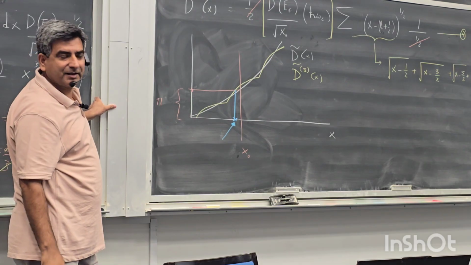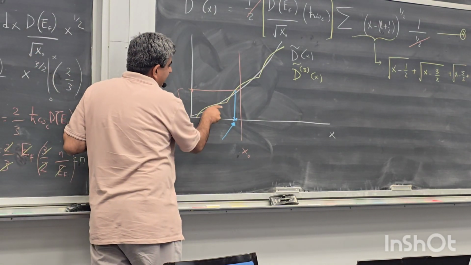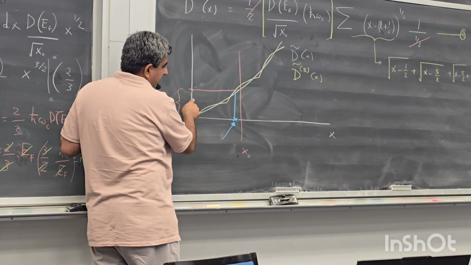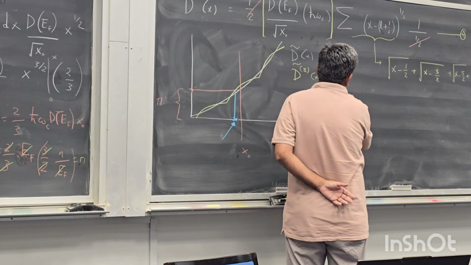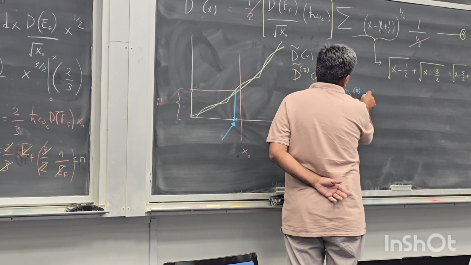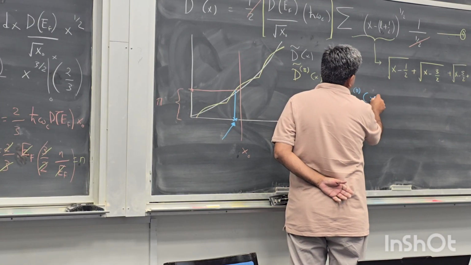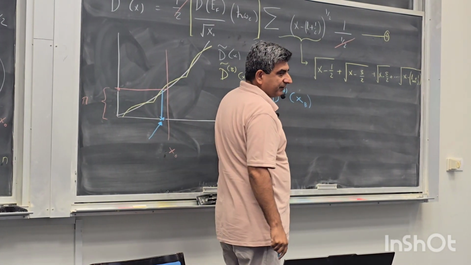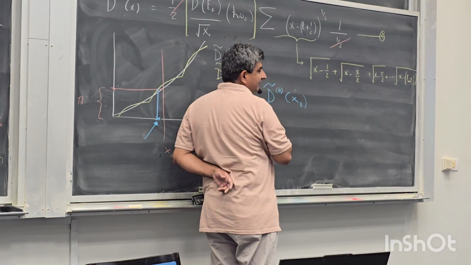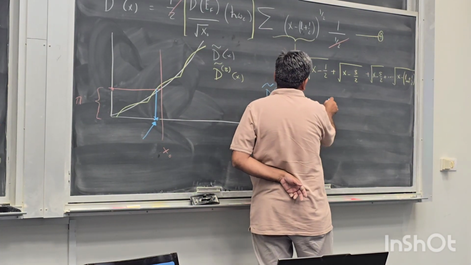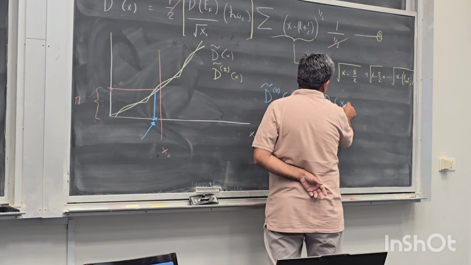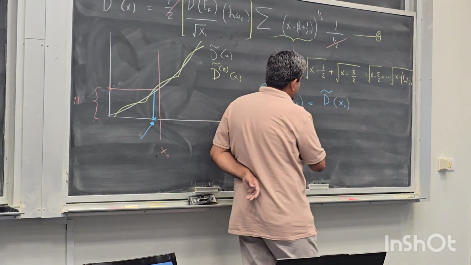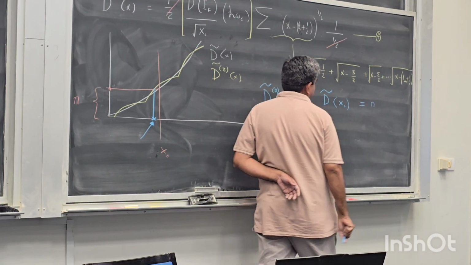Correct? Because for the yellow curve, the integrated density of states, we want to keep that the same, which means that at some new Fermi energy in the presence of a magnetic field, x_B, we want to keep this equal to the integrated density of states at x naught, and we want to keep both of these integrations equal to n.